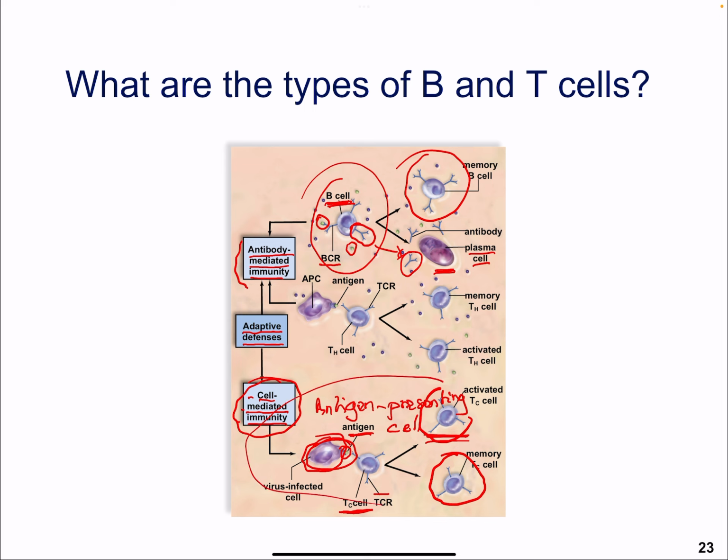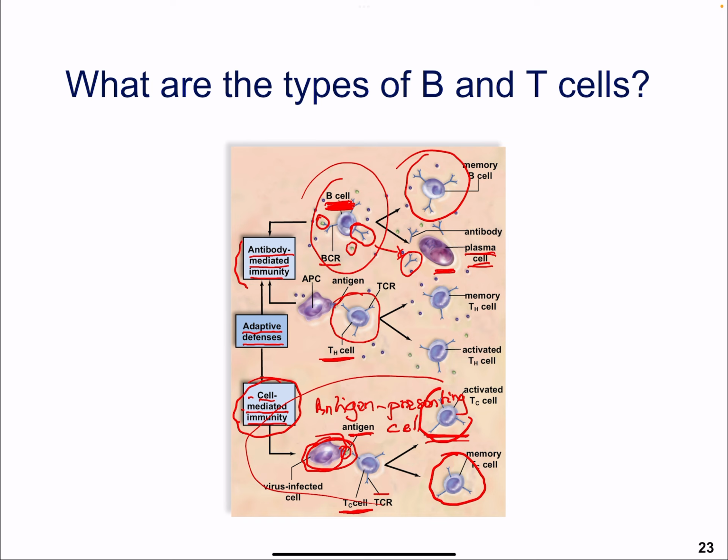Now, how about the helper T cells? The helper T cells right here are the regulatory cells in our system. These regulatory cells are the ones that trigger the B cells here to undergo differentiation to turn into plasma cells.